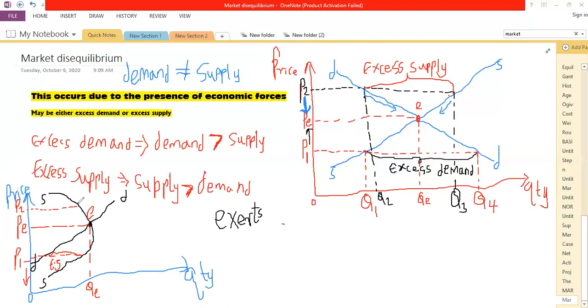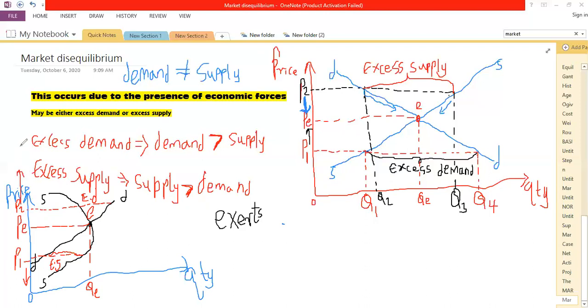The same, assuming the prevailing market price here is price P2, the implication in the market for our commodity is that there is an excess demand. You can see the quantity demanded will be more here than the quantity supplied here. So to talk about the excess demand, let me call it ED. Excess demand, we have said, is an economic force which does what? It exerts an upward pressure on the price.